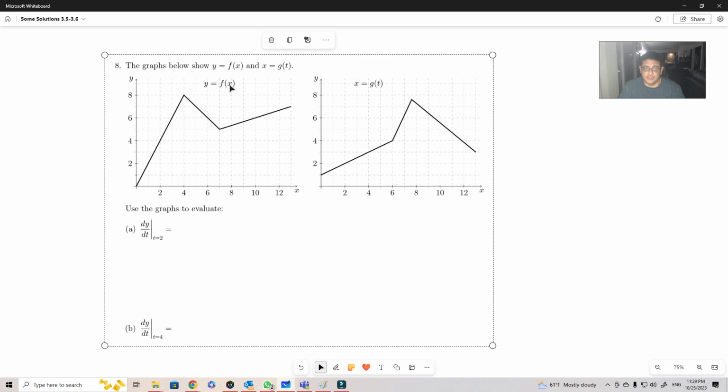The fact that one function is in terms of the output of the other function means that we're gonna be using chain rule in this scenario. The other tell that this is a chain rule is because the output of the first function has a rate of change in terms of the input of the second function.